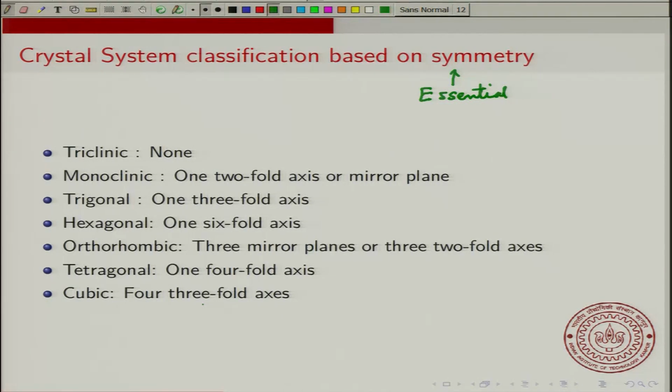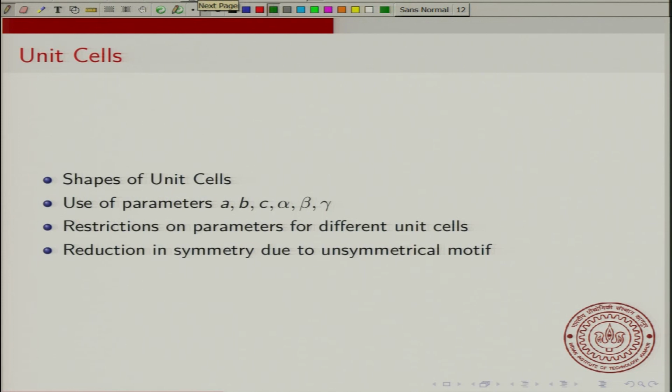Now, just to remind us, each unit cell has a shape, and the general shape is represented as a parallelepiped, and this parallelepiped is made of 3 different vectors A, B, C which have 3 different angles.